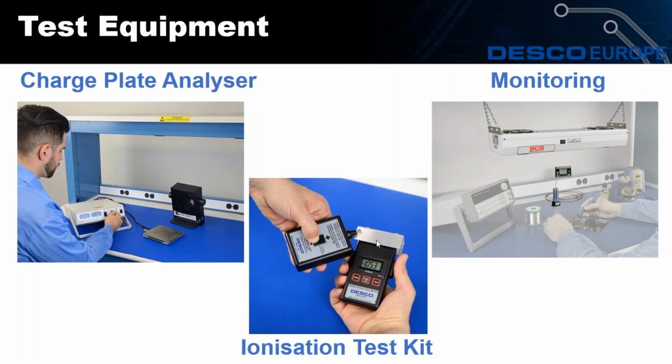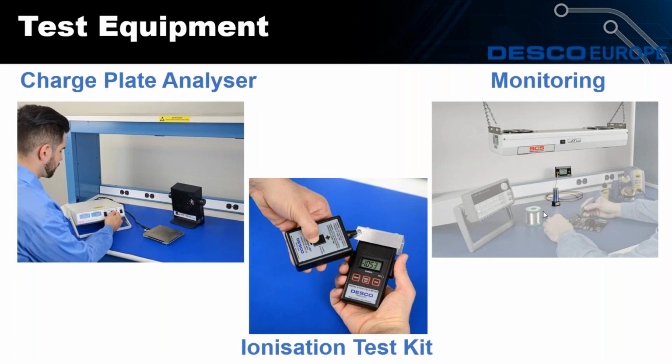So if the negatively charged emitter pins had more fuzz on them than the positively charged emitter pins, that's when it would go out of balance. A regular check using an ionization test kit throughout the year, at much more frequent periods, will ensure that you know your ionizer is performing, and if it's not, you can take remedial action.